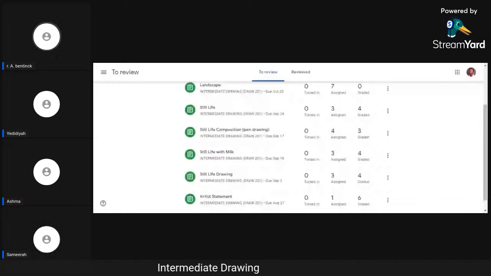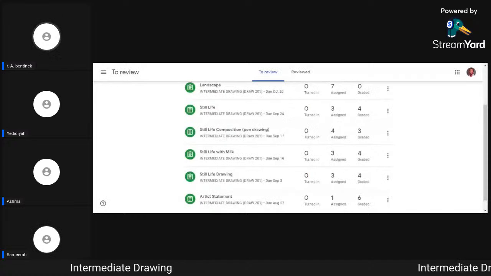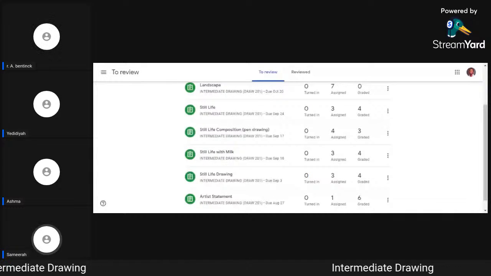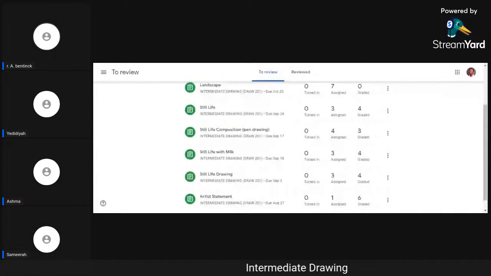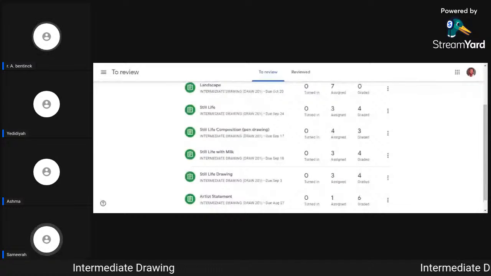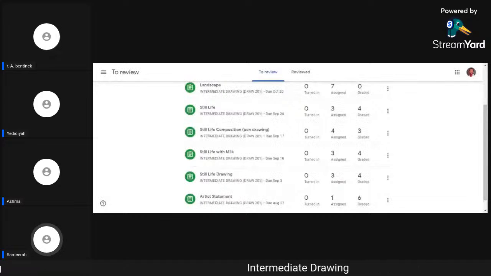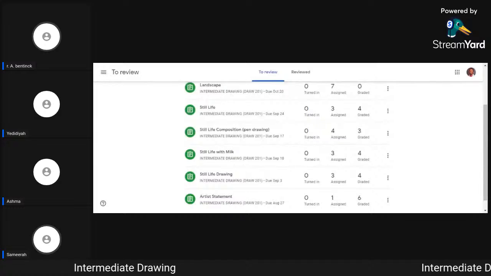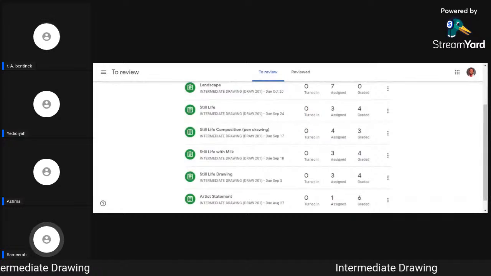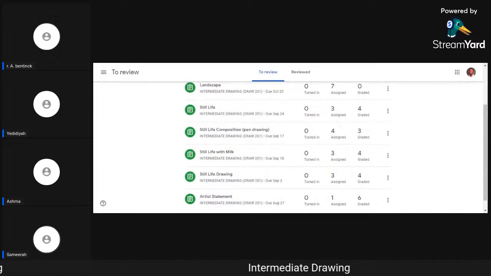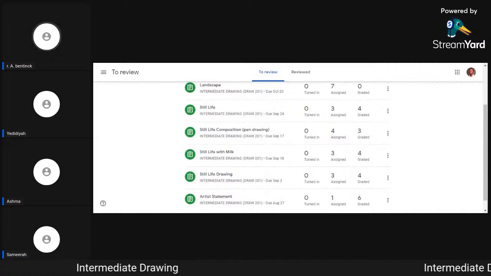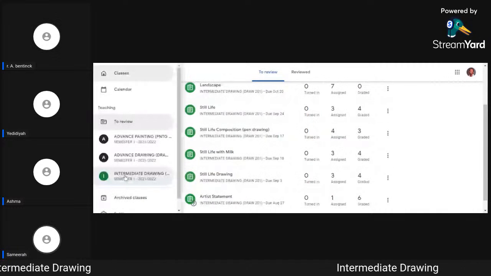Sir, I would like to ask if you can do a little brush up on the grid, because when we were in analysis of form, sir just told us the measurements and asked us to get it done. He didn't do any demonstration as to what the correct procedure is to do the grid.